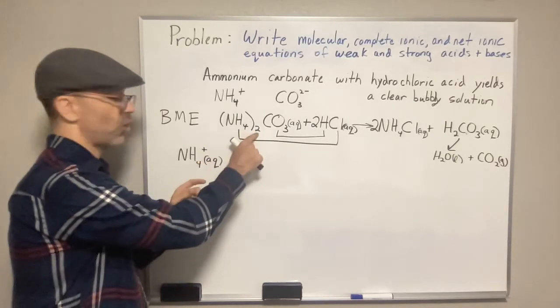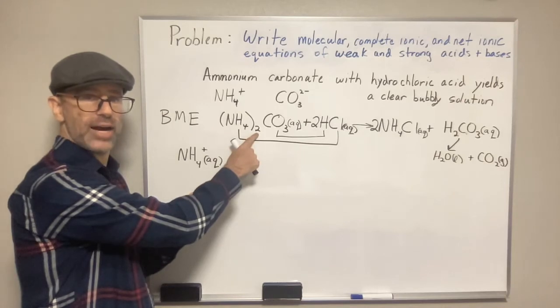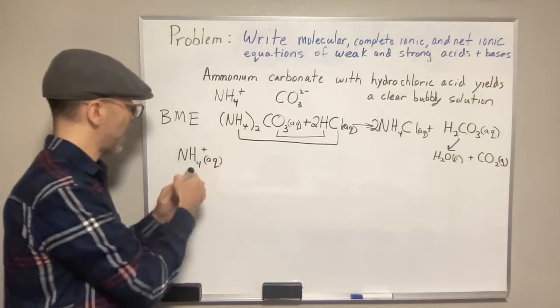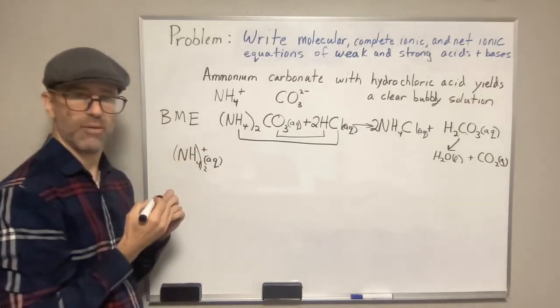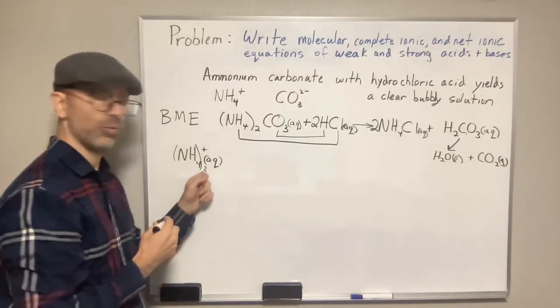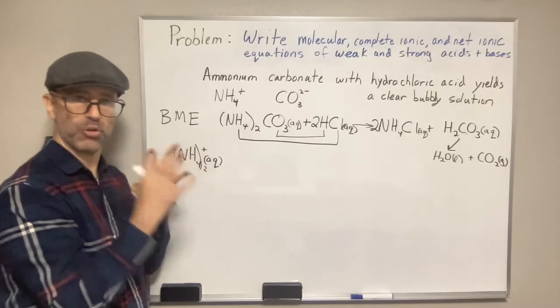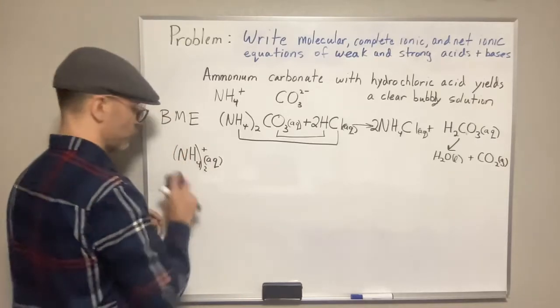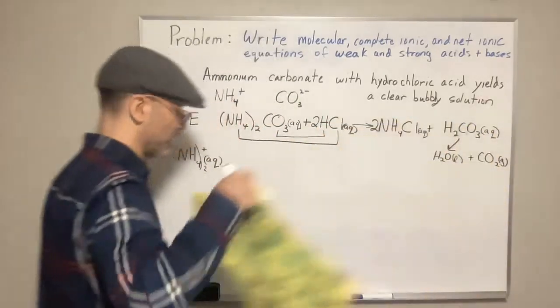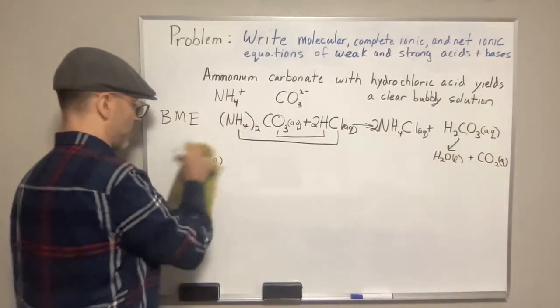And also notice here that I have two ions here. I'm not going to write the subscript, because this would indicate that somehow I have those bonded together, and they're not bonded together. So let me erase this and make it right.